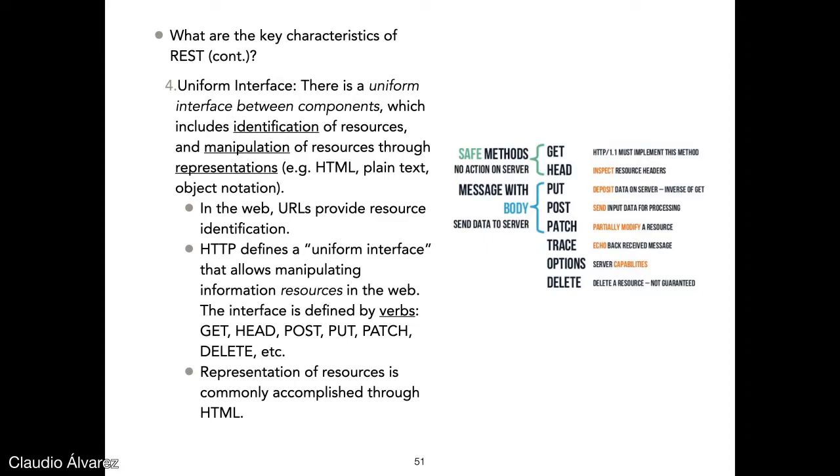So in the web, you may have different representations for resources. In a REST architecture in general, you can have different representations for resources. HTML is very frequent as a representation, right? If you want, for instance, to go to some news article on Emol or La Tercera or whatever, that very article is a resource, and you get the article, and if you see it in the web browser, well, it's HTML.